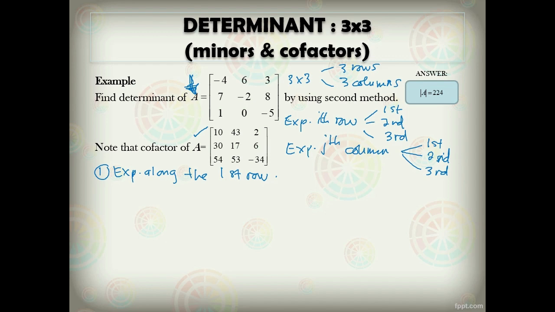Where is our first row? This is our first row. Next, in our cofactor A, where is our first row? This is our first row. Once we do that, we can start multiplying to find the determinant.